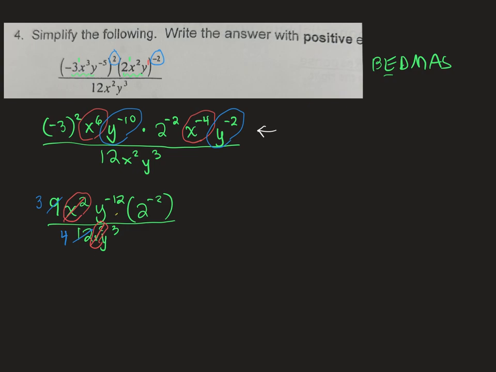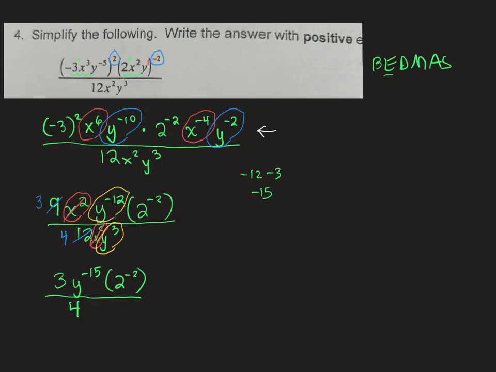And then we have y to the -12 divided by y to the 3. So when you're dividing powers, you would want to subtract the exponents. So -12 minus 3 would be -15. So that would now be y to the -15 in the numerator. And then we still have that 2 to the -2 tagging along. I will show you what we will do with that on the next step.